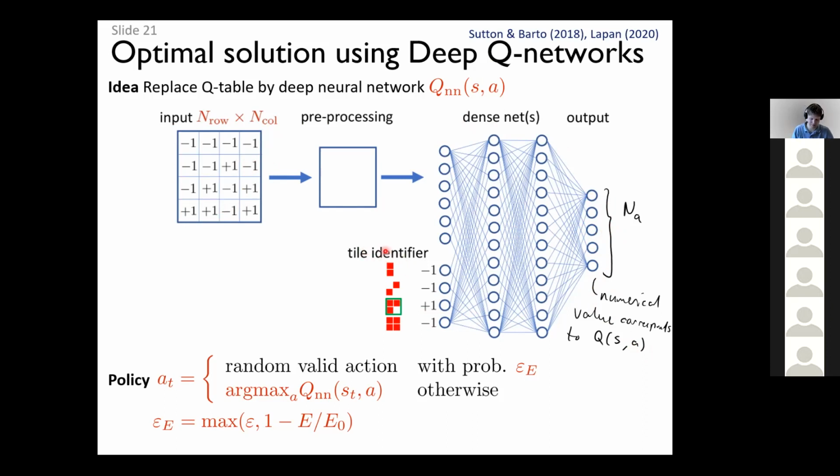So I will just mention how I did it with the tile identifier here. This is the binary representation of the game board, and then we do some pre-processing. For example, in the Atari games, they use convolutional networks to analyze the images. Perhaps it could have been good to have a convolutional network to find structures in a Tetris game, particularly when this becomes large.